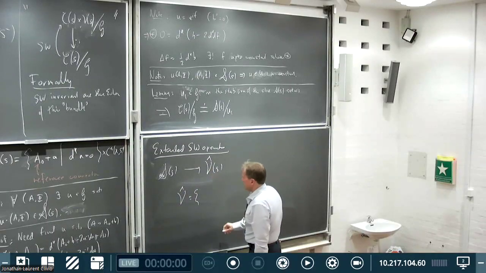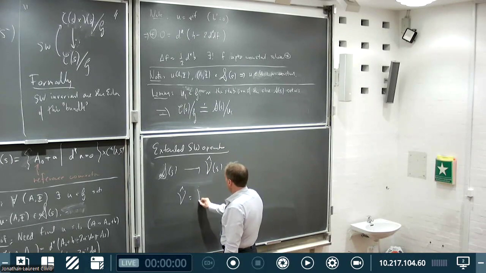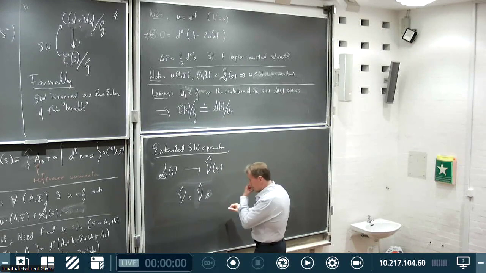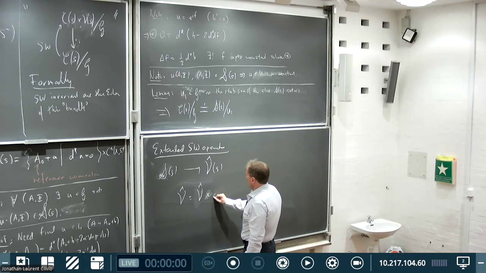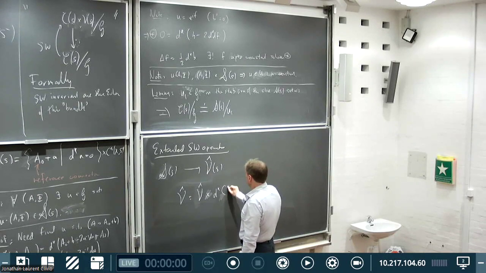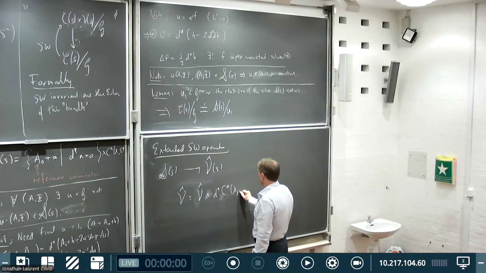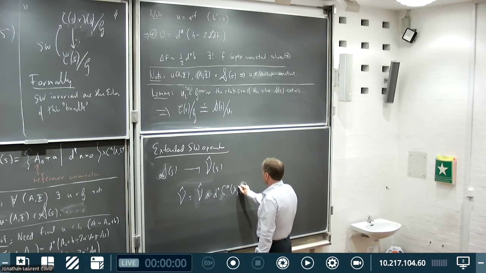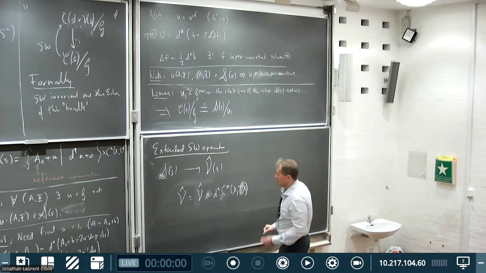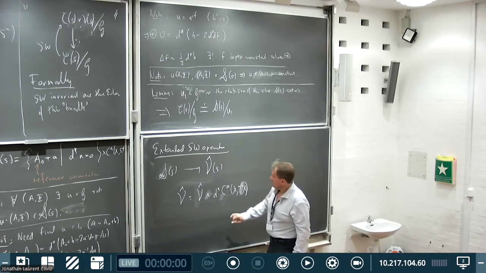V hat is V, and then we add to it D star of one-forms.